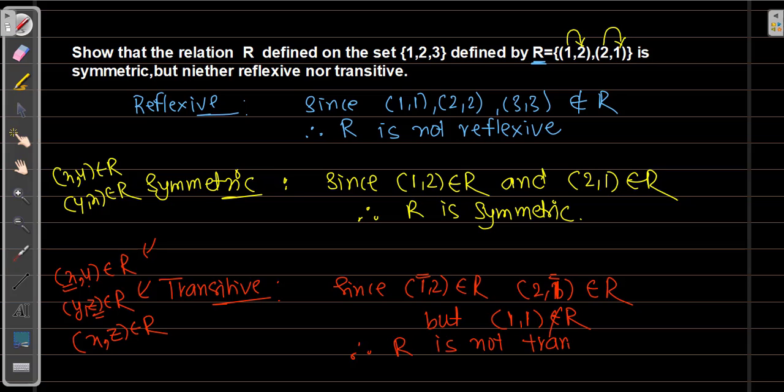What have we shown? We have shown that our relation is neither reflexive nor transitive, but it is symmetric.